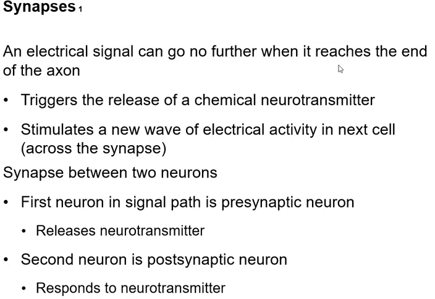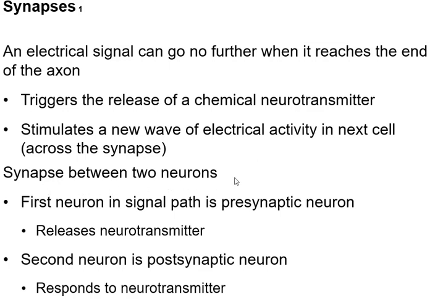So the only way that you're going to carry the message any further is you're going to use the electrical action potential to release a neurotransmitter. And when the neurotransmitter goes across the synapse, then it's going to cause a new wave of electrical activity in the next cell.